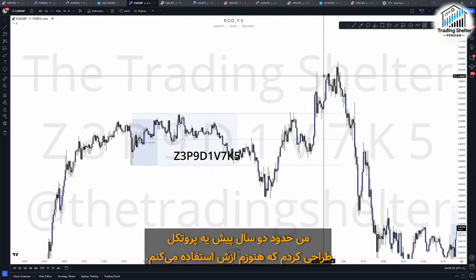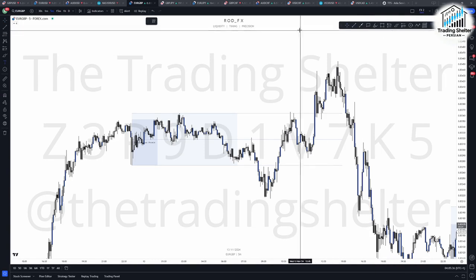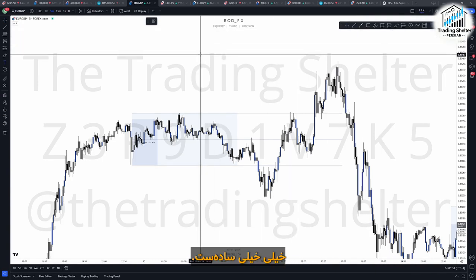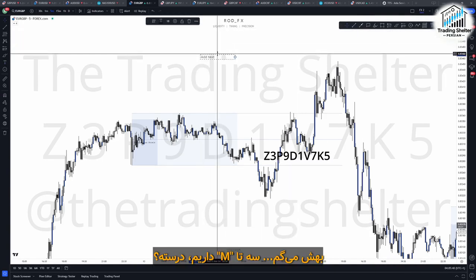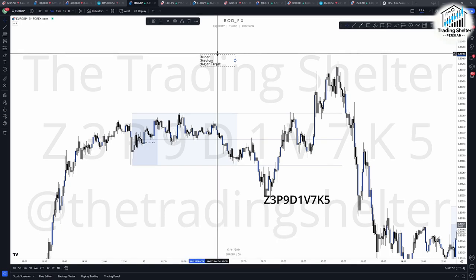So I created maybe 2 years ago a protocol that I still use today. Very simple. I call them the 3 M's: the minor, the medium, and the major target.